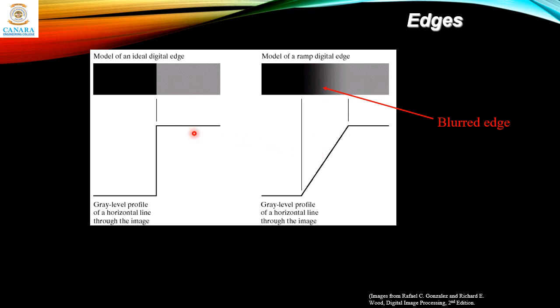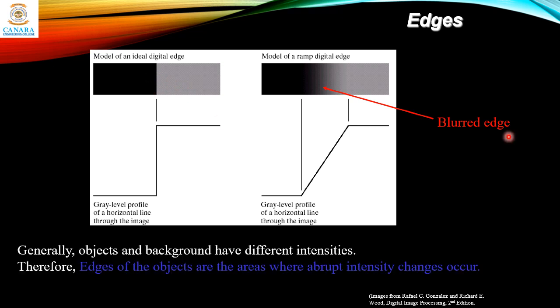It's a slow variation, and if it is a sharper variation, it's a sharper edge. Generally objects and background have different intensities, and therefore edges of objects are the areas where abrupt intensity changes occur. The task for us is to identify these edges in an image so that we can perform proper segmentation.